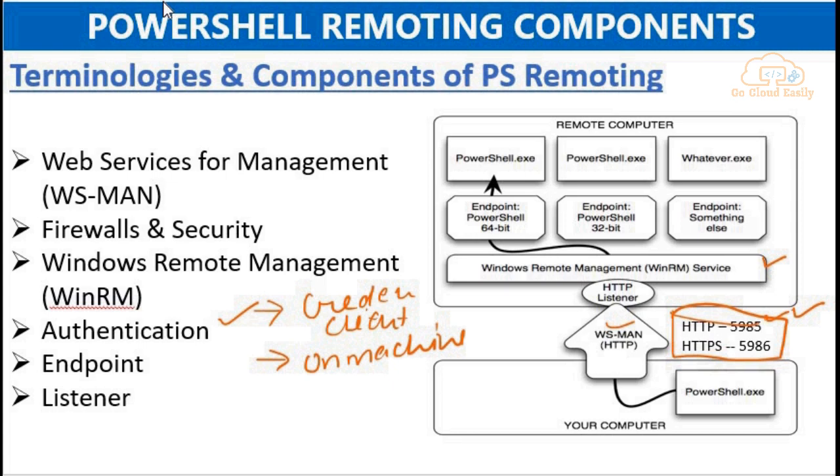And when we talk about machine credential, that is basically whether our client machine trusts the remote machine or not. In case of domain, all the machines trust the other machines in the same domain. But in the case of workgroup, we have to maintain this trust manually. We have to add remote machines in the trust list of the local client. We will see all these things in our coming lessons.